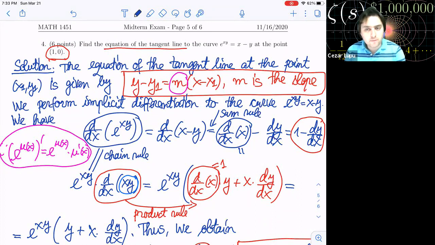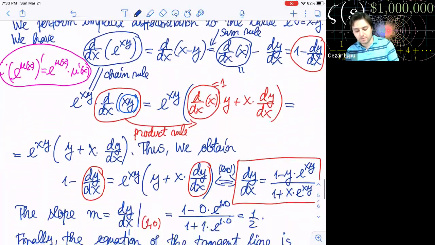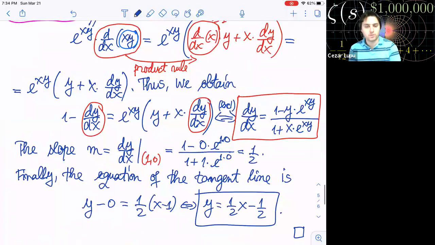And to find the slope, all you need to do is perform the implicit differentiation. Once you isolate dy over dx, you plug in the values at the given point for x and y respectively. And that's it. Then you write the equation just like we do here.